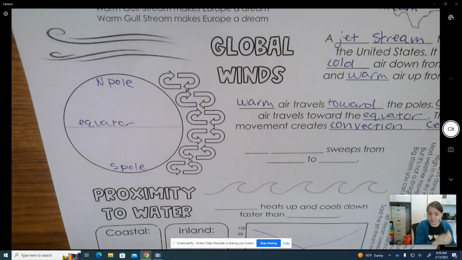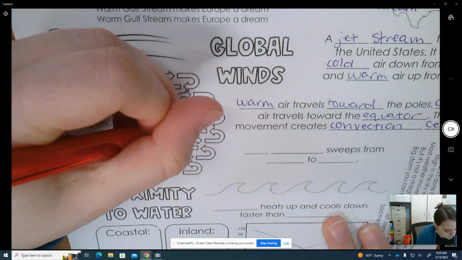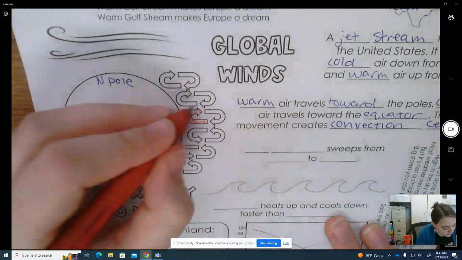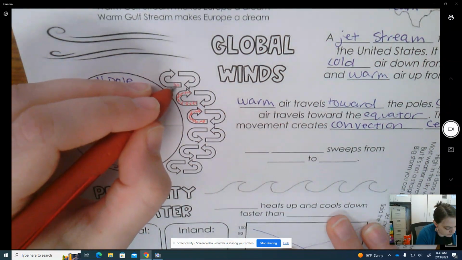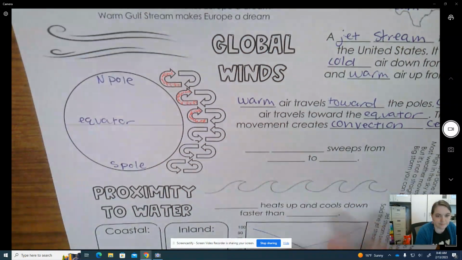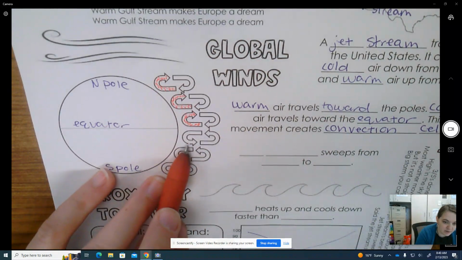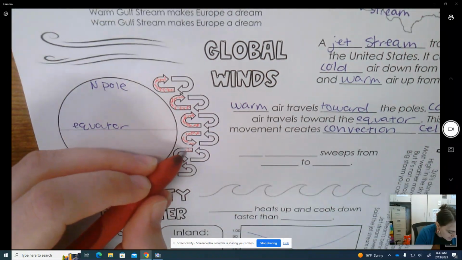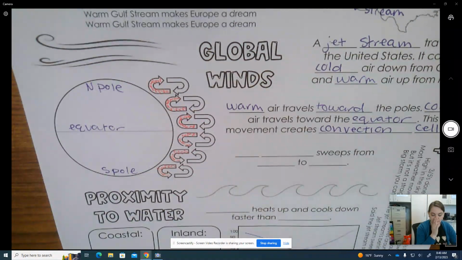The red is going to move away from the equator towards the poles. So the arrows that go from the equator up towards the north are going to be red. And then these arrows that are pointing down towards the South Pole, those are also going to be red, because as it's moving away from the equator, it's warm air being carried.